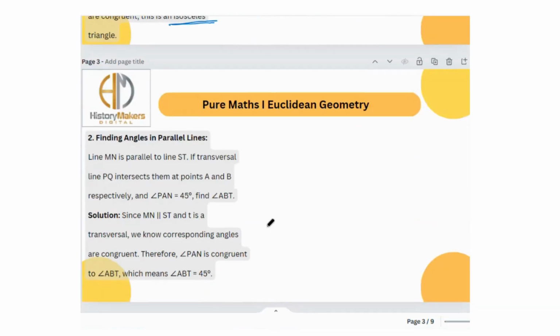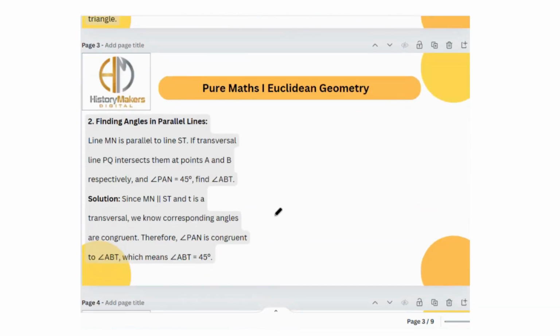Then we move on to the second calculation. It says finding angles in a parallel line. Line MN is parallel to line ST. Okay, so let's have two parallel lines.